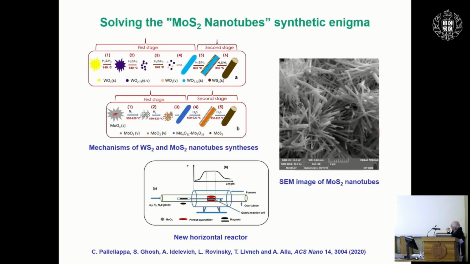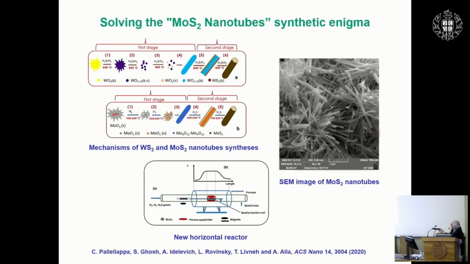And I want to go into another paper which was published by Professor Alazak from a nearby institute. She's a graduate of my laboratory. And here she studied how to synthesize molybdenum disulfide nanotubes systematically.